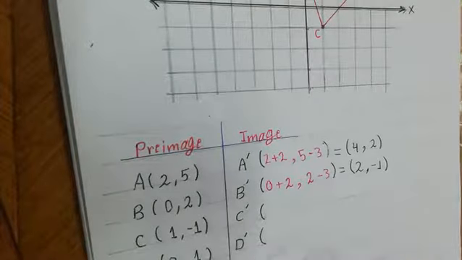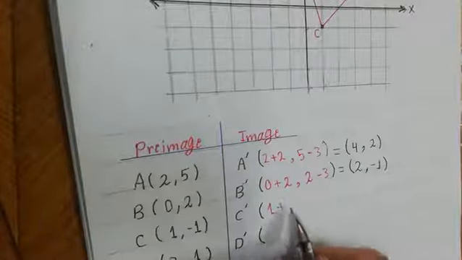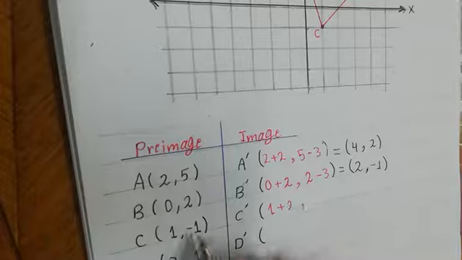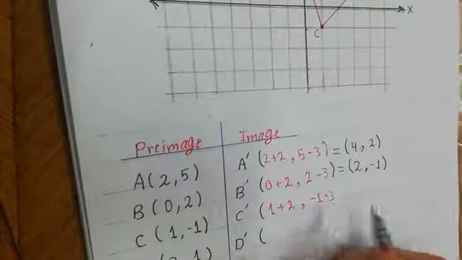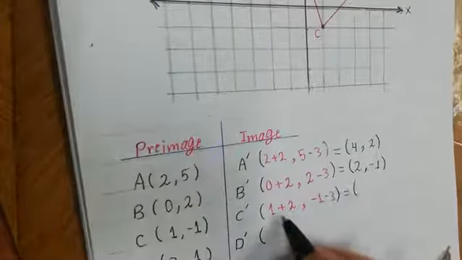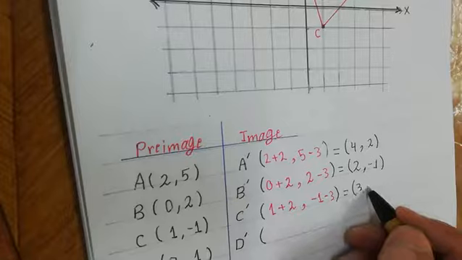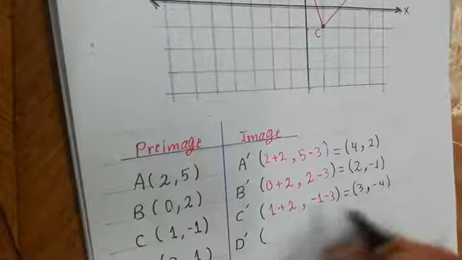For C, it is 1 plus 2, and negative 1 minus 3. You will get 3 for the x coordinate, and negative 4. This is C dash.